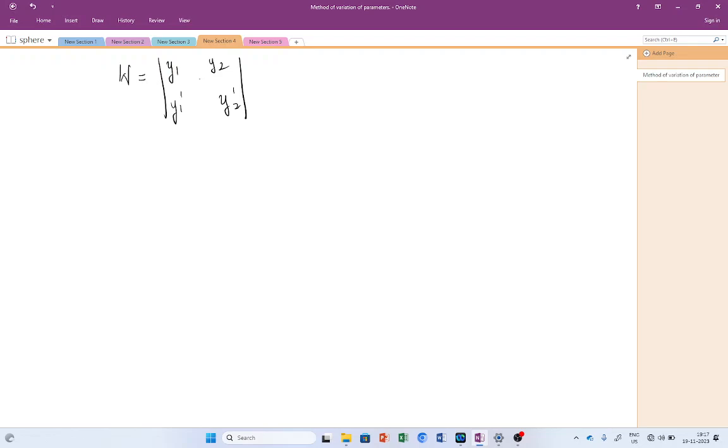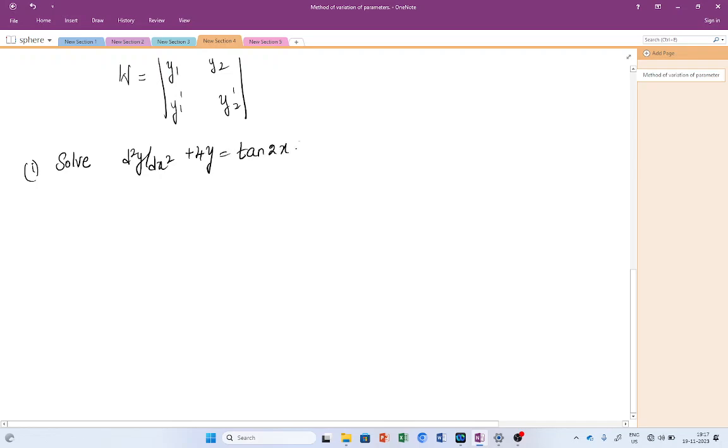So in today's class, we are just going to solve one problem. This problem will make the concept clear. Okay, so the first problem is: solve d square y by dx square plus 4y is equal to tan 2x.